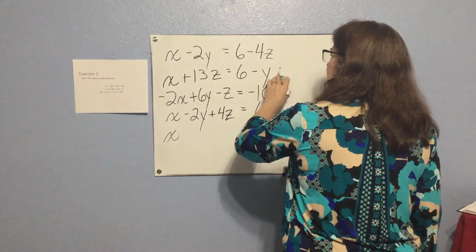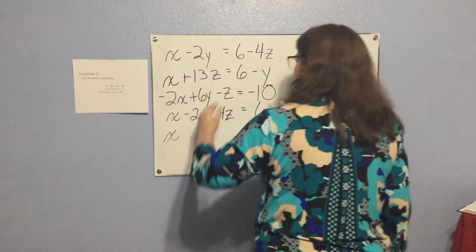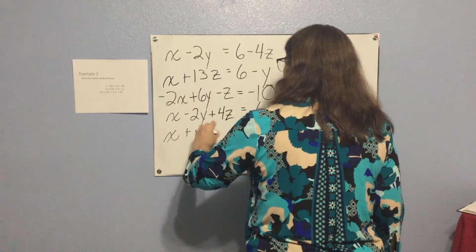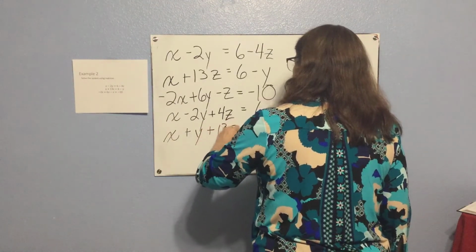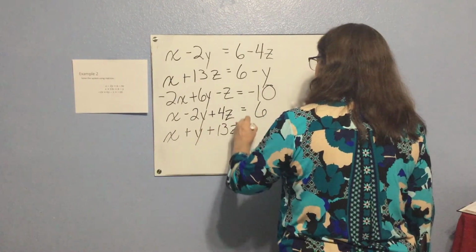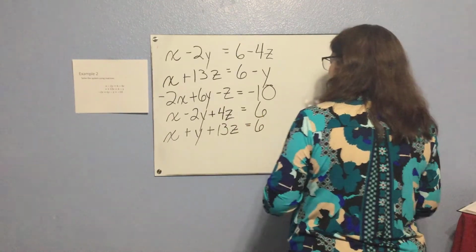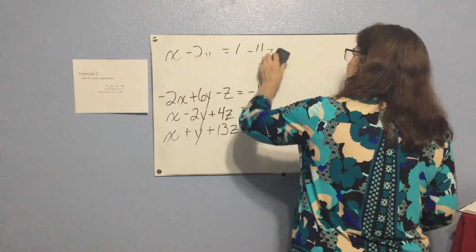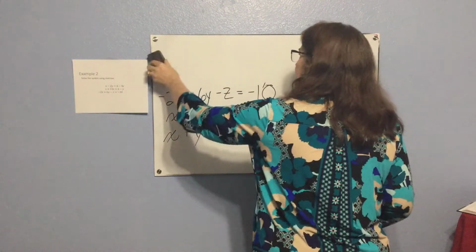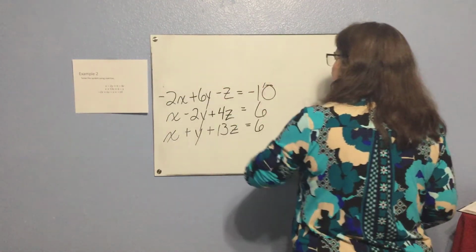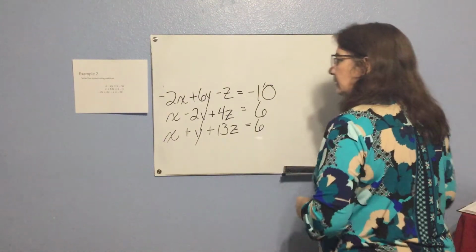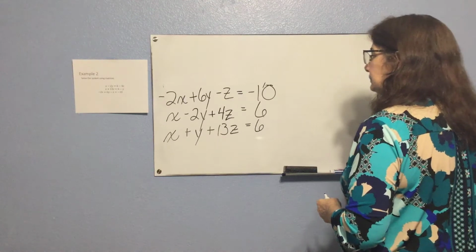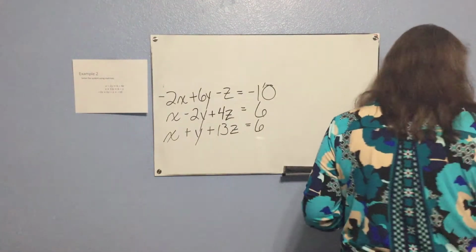The y is over here though, so I'm going to bring the y back over here and make it plus y plus 13z equals 6. So I'm going to erase these first two equations. We haven't changed the value of anything in the equations when we rewrote them, so we're still good with that.